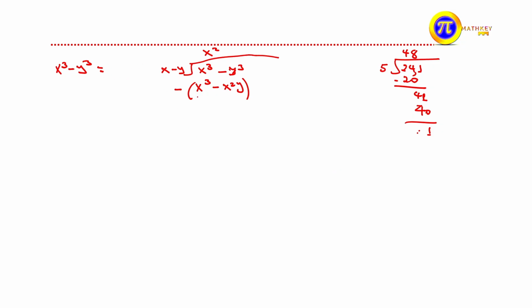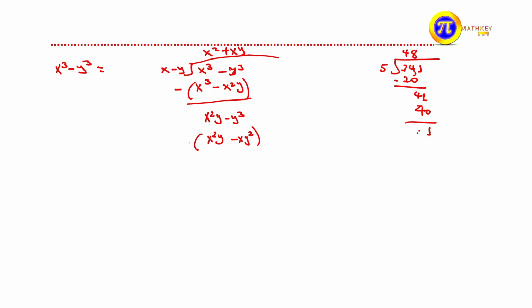So when we take their difference, we cancel x cube by x cube, and what remains is x squared times y minus y cube. Here the degree of x is 1 and here it is 2, so we take plus x times y. There is no y here, so we take x times y times x, which is x squared times y minus x times y squared.